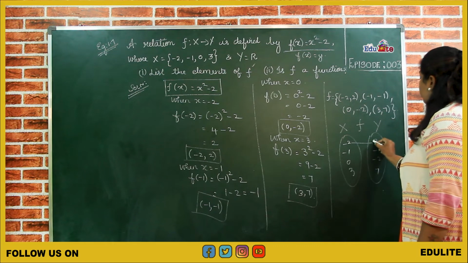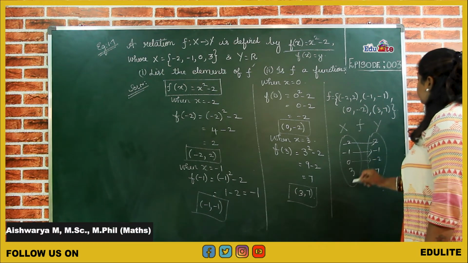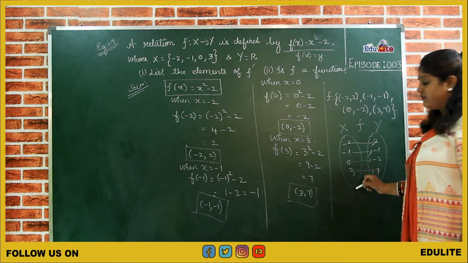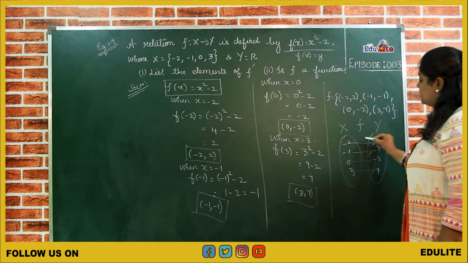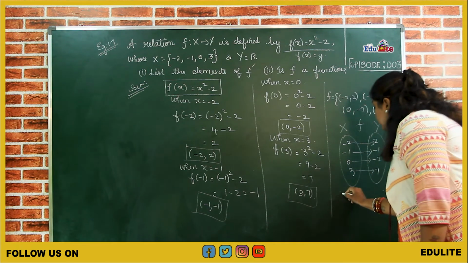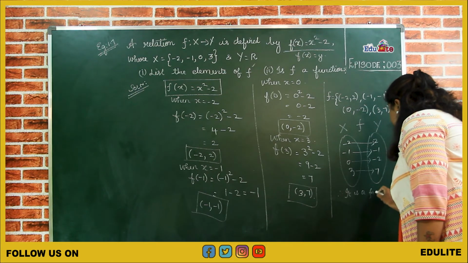So, minus 2 is mapped to 2, minus 1 is mapped to minus 1, 0 is mapped to minus 2, 3 is mapped to 7. So, hence it is a function, because by the definition of a function, for every x in X there is only one y, which means the image is unique. Therefore, it is a function.